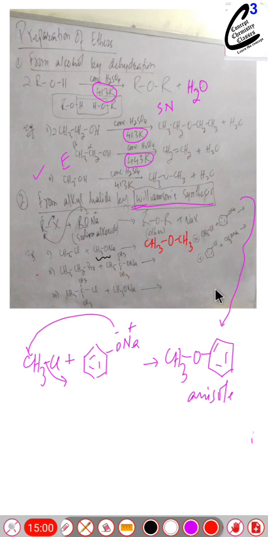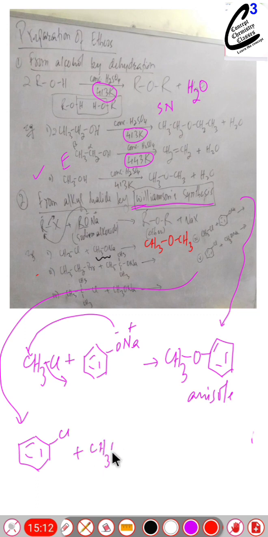In this next reaction, let me write here, this is our chlorobenzene, and it is reacted with sodium methoxide. So methoxide is a nucleophile, and this benzene has excess of electrons, so it cannot easily attack this benzene ring as a nucleophile.